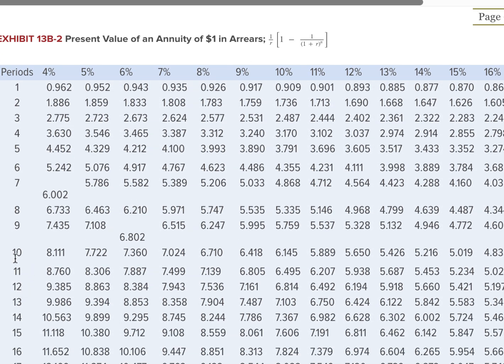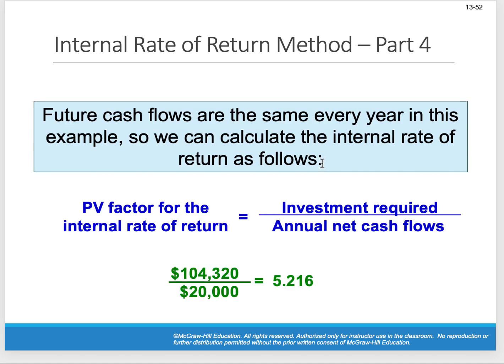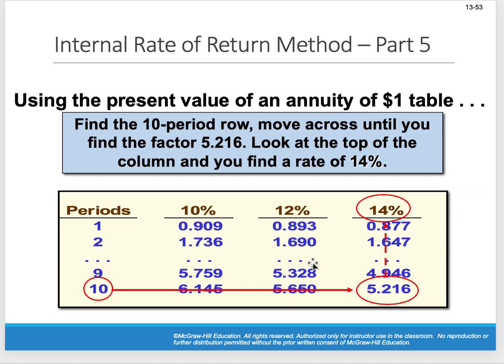I go to year 10, and I attempt to find my 5.216, which I do, and I scroll up to figure out what the percentage is, 14%. So we could say that the internal rate of return on this project is 14%.